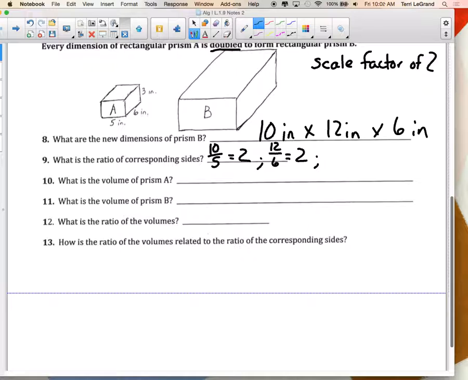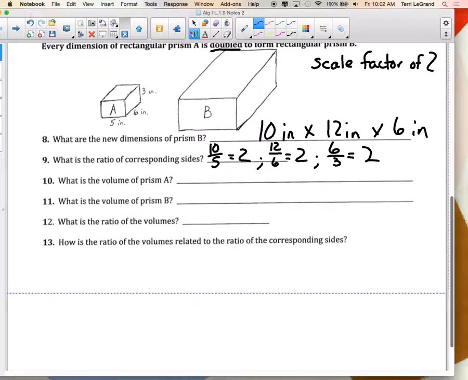And the 6 inch corresponds with the 3 inch, and that equals 2. Well, of course the ratio of corresponding sides is 2, because why? Because we doubled it, because the scale factor is 2. Duh, did we have to go through all that?